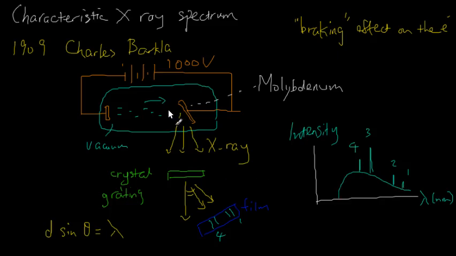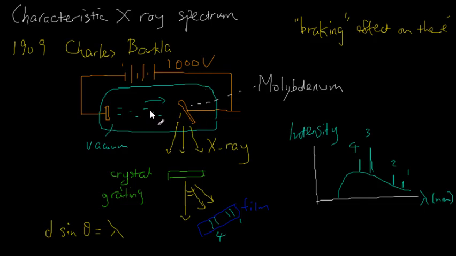But if we are talking about, say, a 1,000 volt electron, then it refers to a particular energy of the incoming electron.